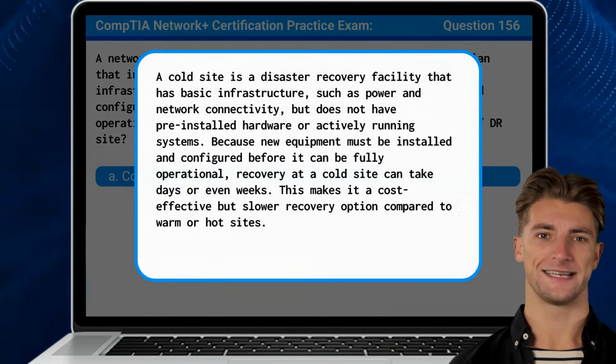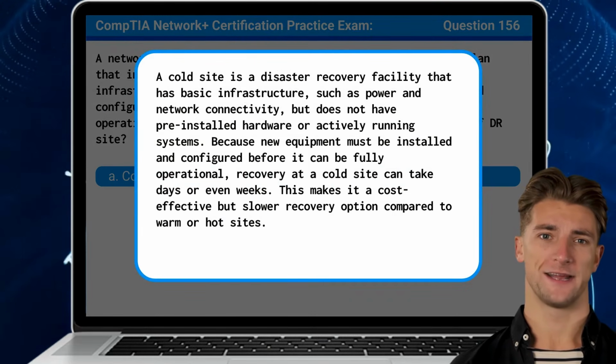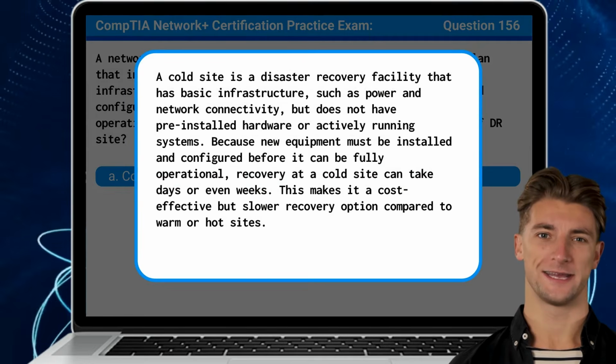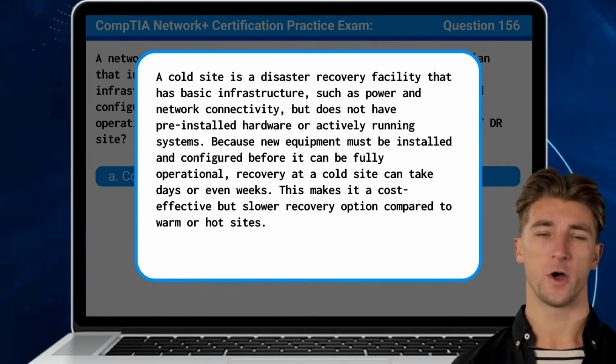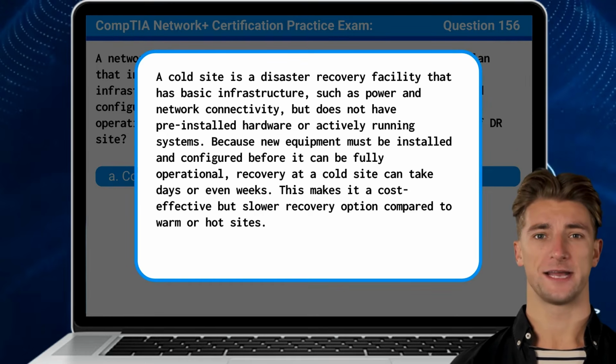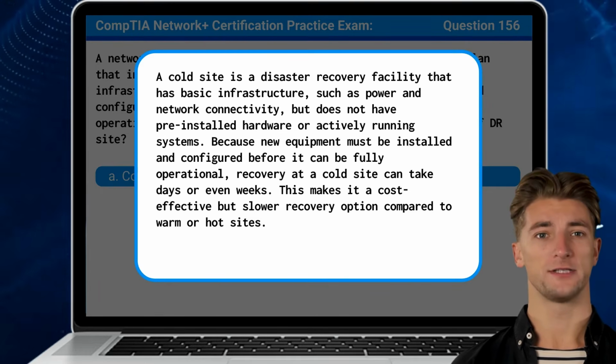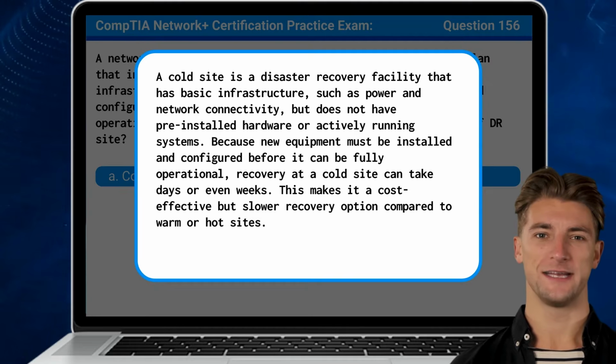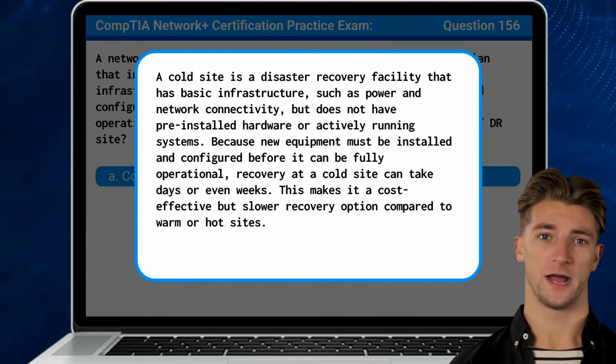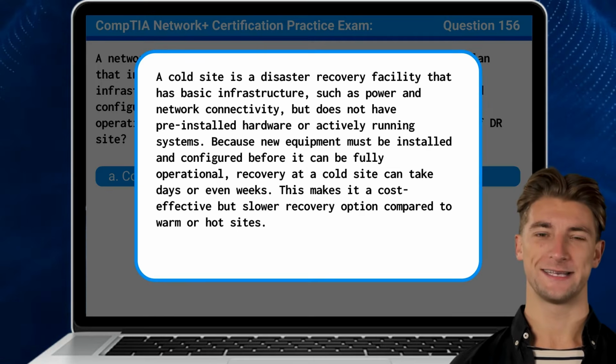A cold site is a disaster recovery facility that has basic infrastructure such as power and network connectivity, but does not have pre-installed hardware or actively running systems. Because new equipment must be installed and configured before it can be fully operational, recovery at a cold site can take days or even weeks. This makes it a cost-effective but slower recovery option compared to warm or hot sites.